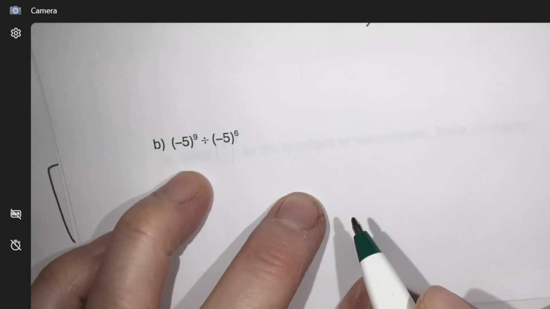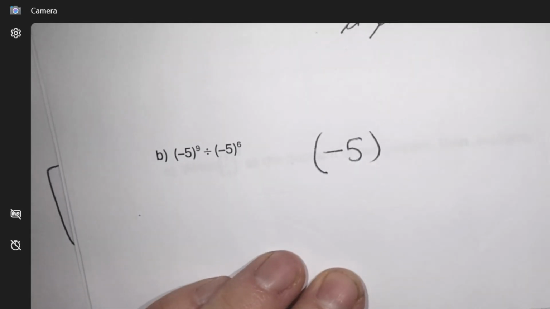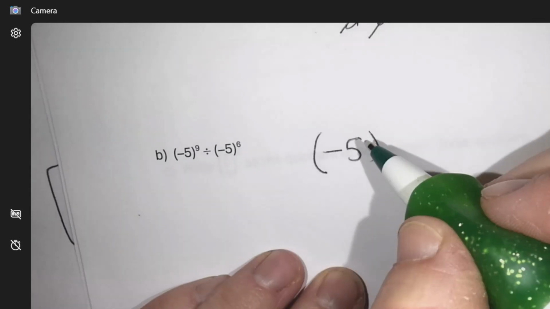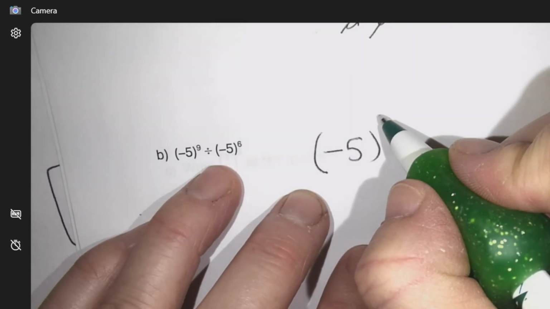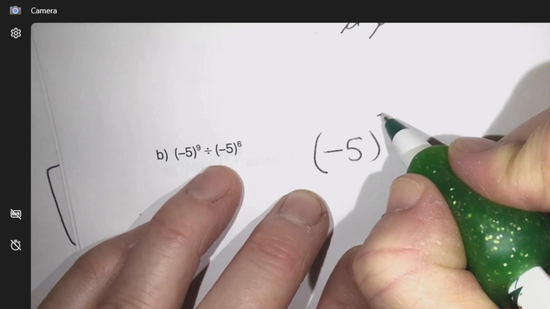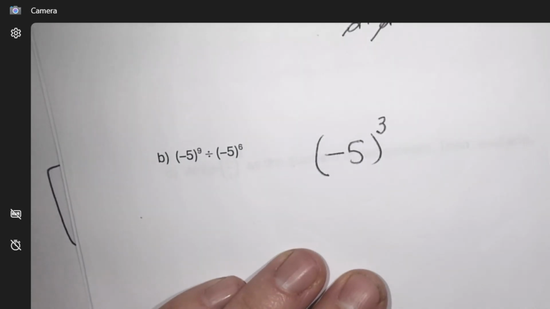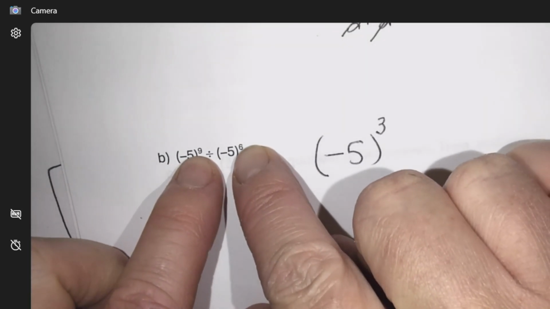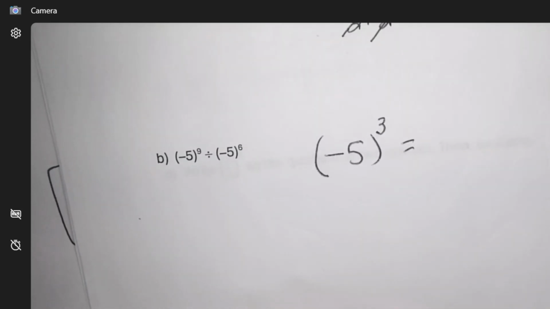Okay, so this one, well, what's the base? -5 in brackets. How many times would I repeat it after the rule? 3. Because you have to do what rule? Take away, minus the exponents. Subtract. Okay, we can also do this one in our brain as an evaluation.